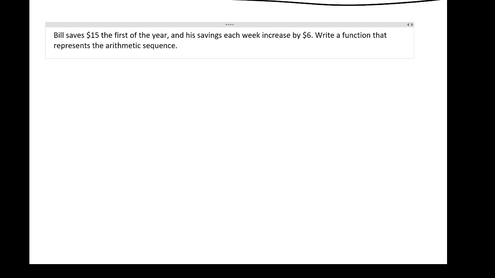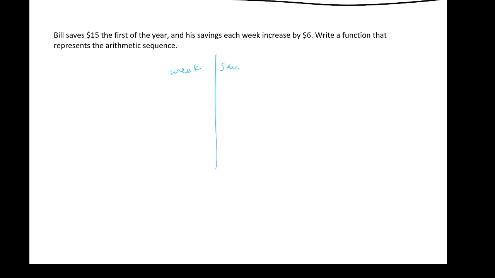So we write a function that represents the arithmetic sequence. Okay, so let's take a quick look at this. We're going to have his week and his savings next to each other. So making sure we understand this is arithmetic.